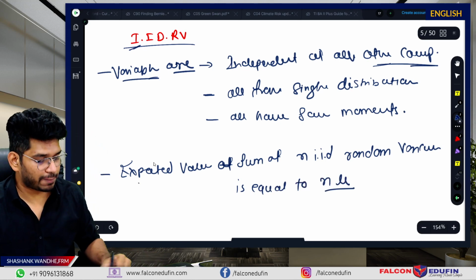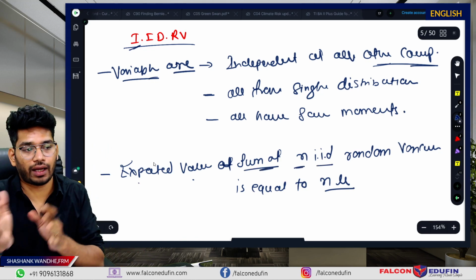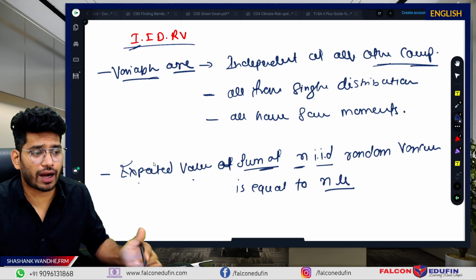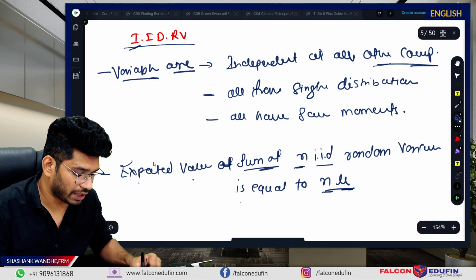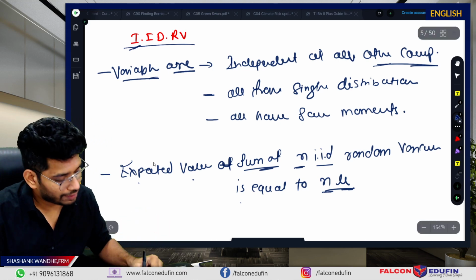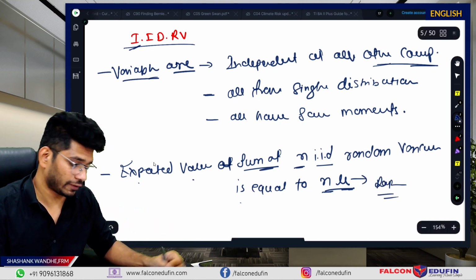If you take, say, 10 IID, independent and identically distributed random variables, then this will be equal to n multiplied by mu. This is the population's mean.